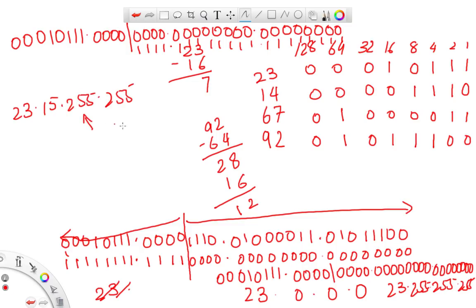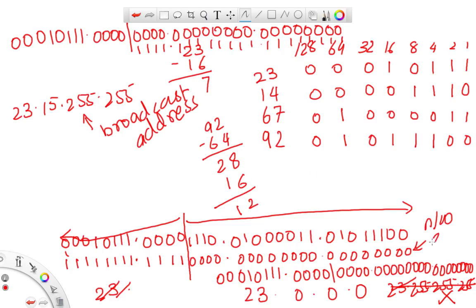So this is the broadcast address and not this one. Okay? This is wrong. It's this one. Are we clear? Do not change the network part; you just leave it as it is and play around with these host bits. So this is your broadcast address for that network, and this will be your network address.